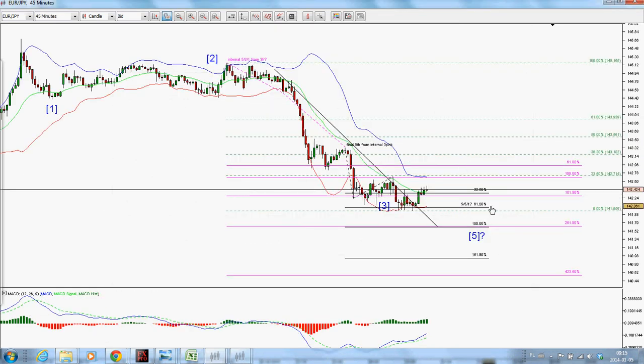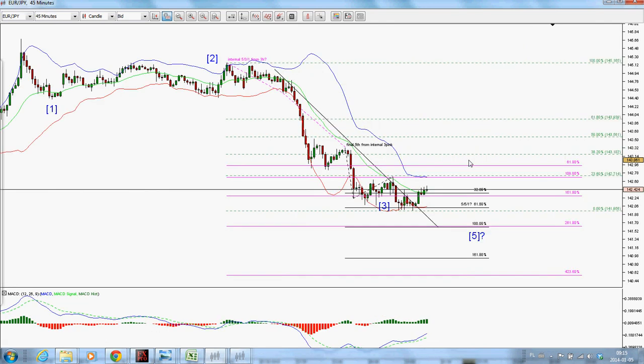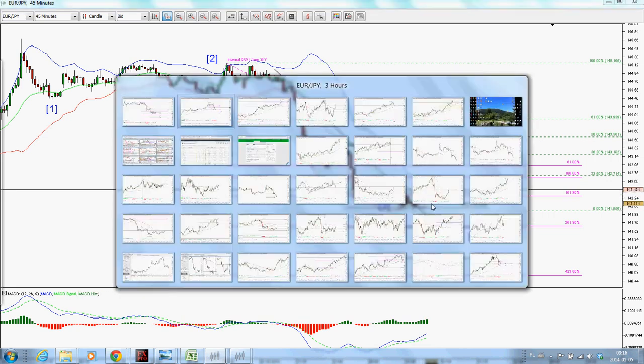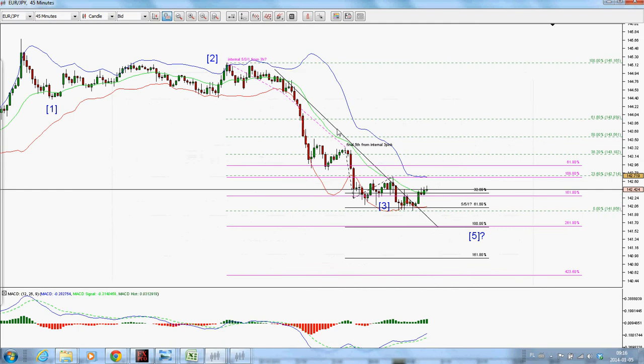That's why I'm asking myself whether this has already ended at this point, or the market may go slightly deeper just in order to reach that level, 141.86. So this is one of the possible developments here. Either we'll have this level reached, or this is already ended.